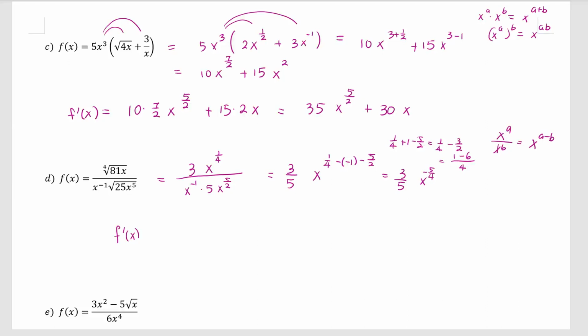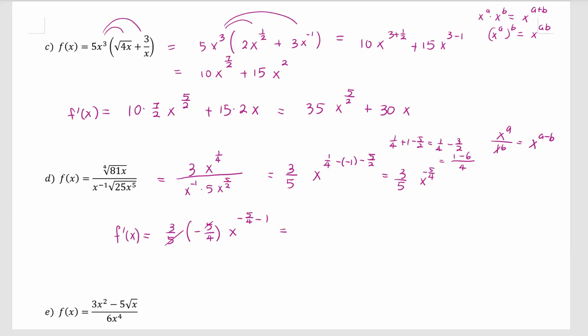So then what is the derivative? Well, constant multiples stay here. Then the coefficient, we move it down, and then we have x to the negative 5 over 4 subtract 1. Oh, you can see the 5 cancel.